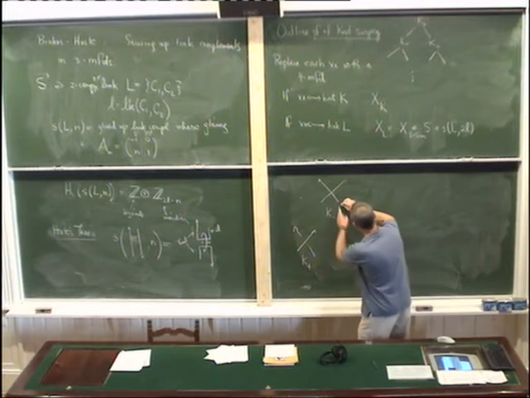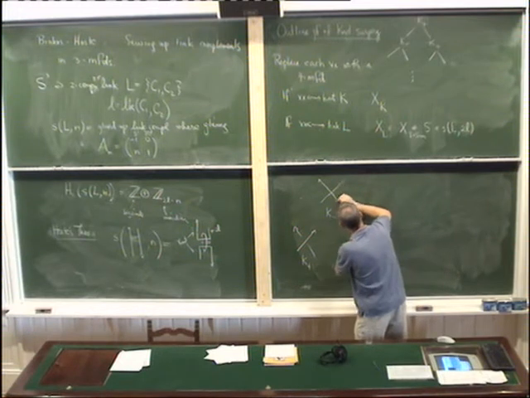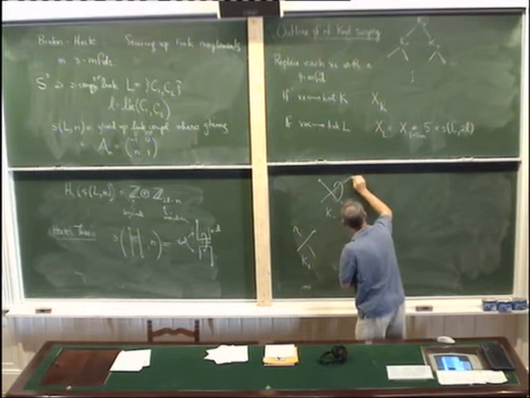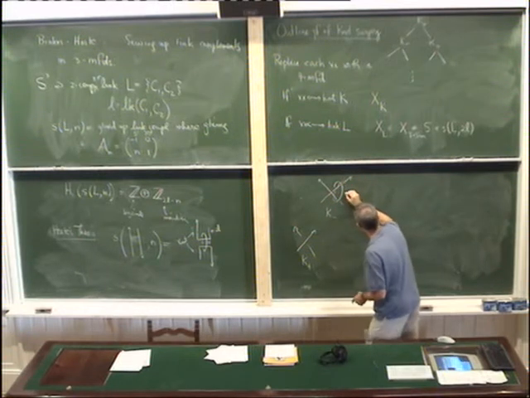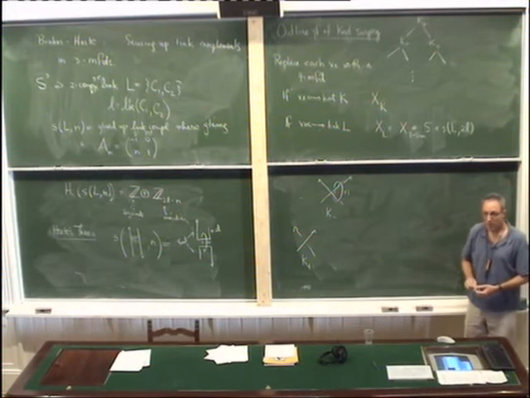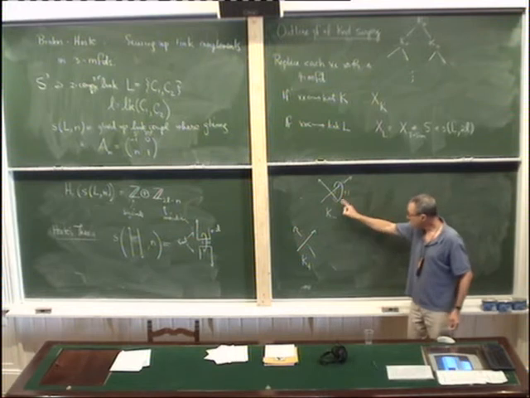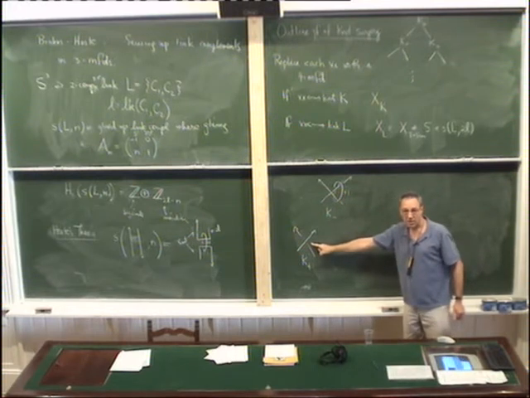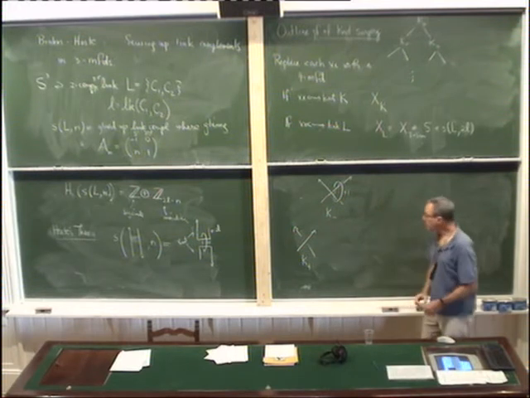But the way to do this is to do a surgery, do a +1 surgery on that circle. When you do the +1 surgery, it will precisely change this crossing. Okay?